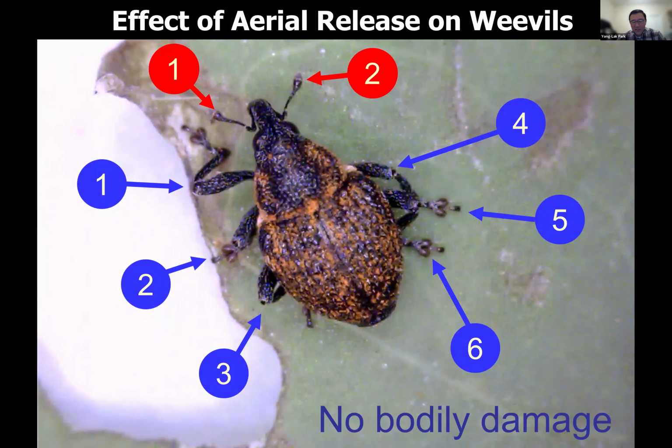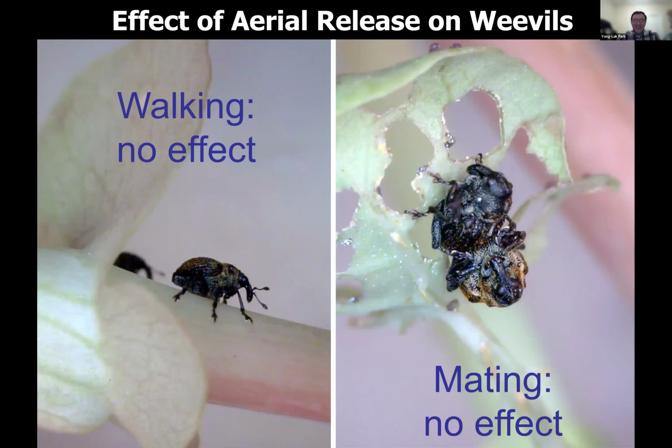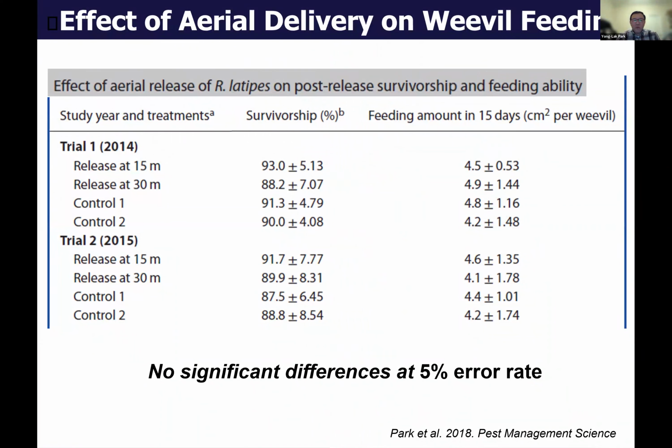Okay, and this is where our study really comes in. I'm an entomologist. I study insects. So we recovered those insects and made sure they have all the body parts, two antennae and six legs, right? We found no body damage. That's good. And then we tested the walking and we observed the mating to make sure they reproduce after dropping, right? And then feeding, that's very important.